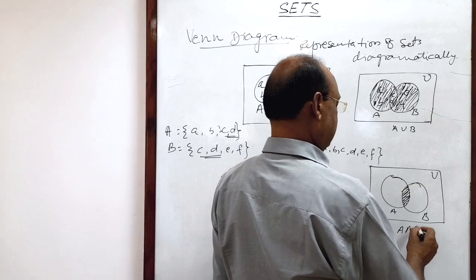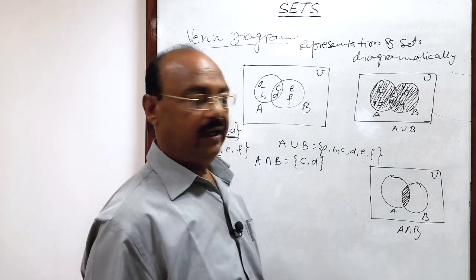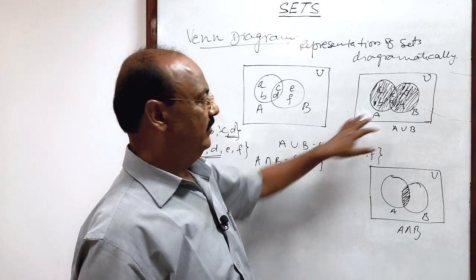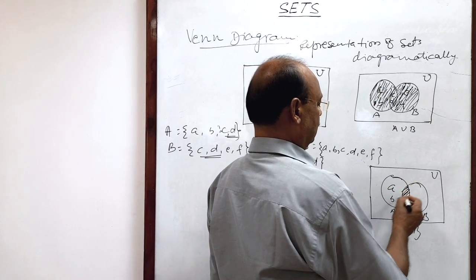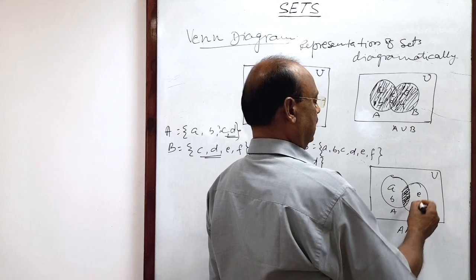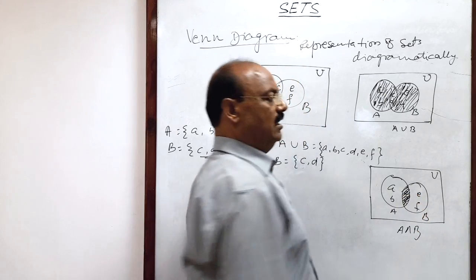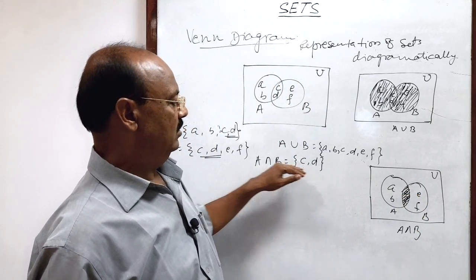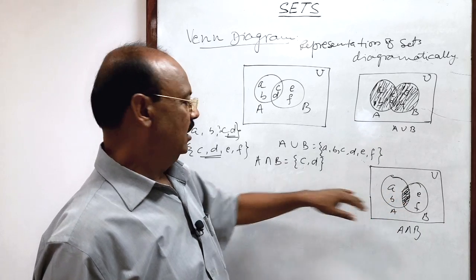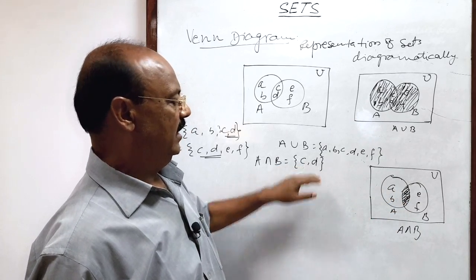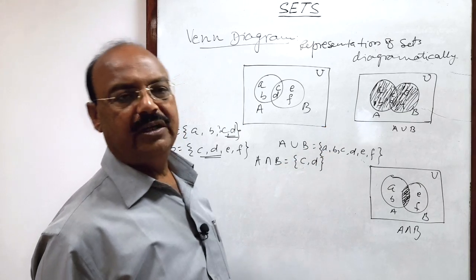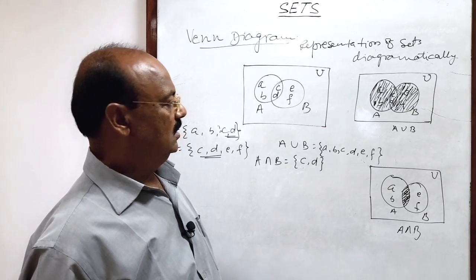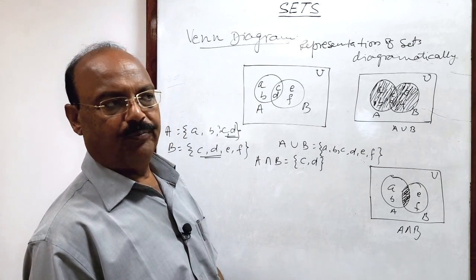A intersection B. And if you wish to write all the elements like here, then no problem, we can write here A, B, C, D, E, F. So C and D are the two elements in the common part of these two sets, or these are common elements. Okay, so these are some very simple representations of sets using a Venn diagram.